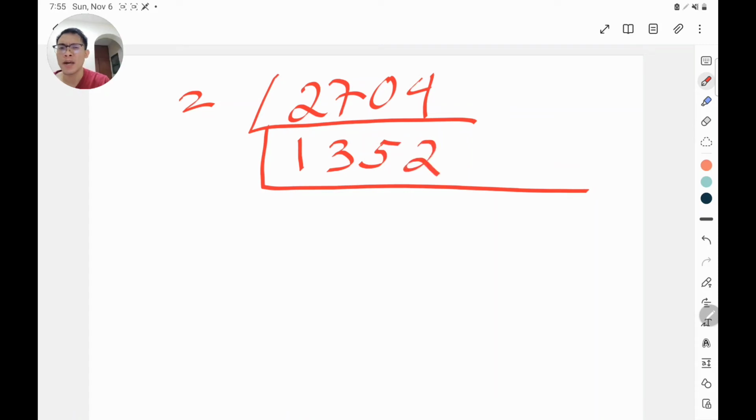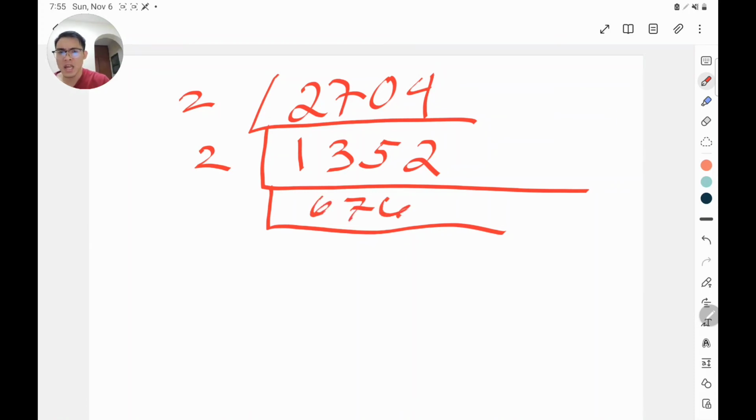So that becomes 1352. And now divide it by 2 again, since 1352 is another even number. That will give us 676.